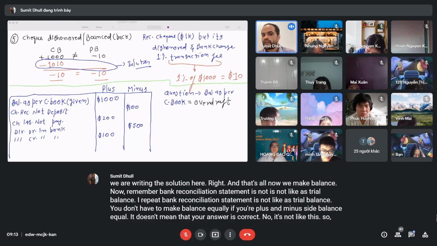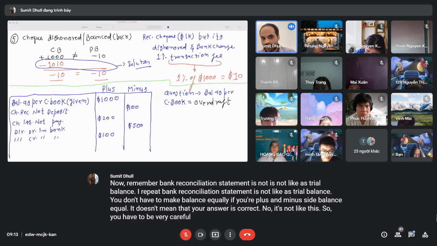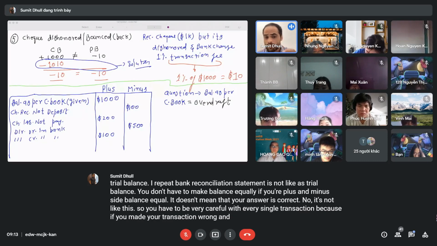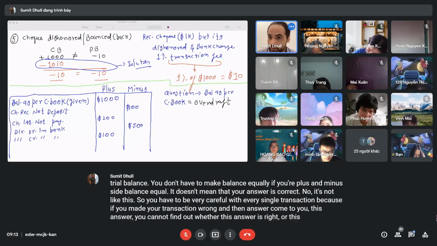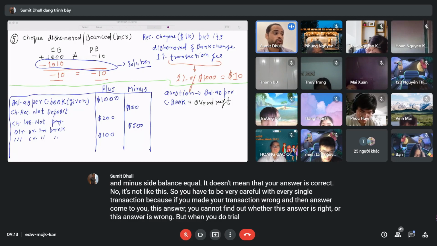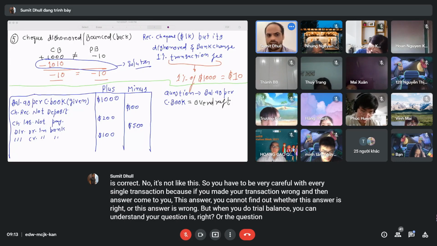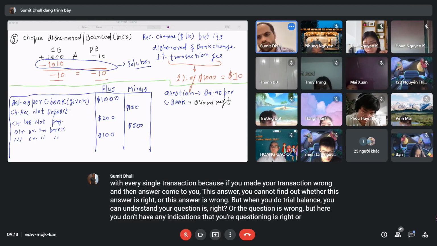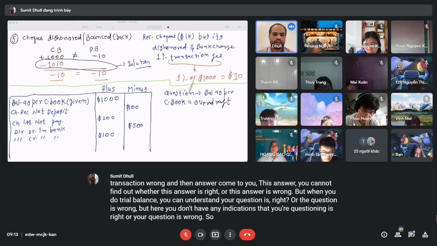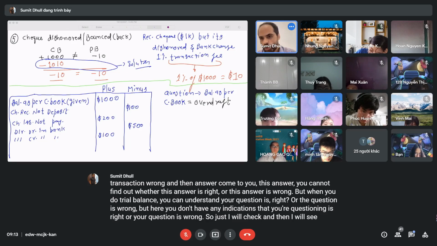So you have to be very careful with every single transaction, because if you made a transaction wrong, when the answer comes to you, you cannot find out whether it is right or wrong. But when you do a trial balance, you can understand whether your answer is right or wrong. But here, you don't have any indication of that. So I will check and then I will see whether it is right or wrong, all right?